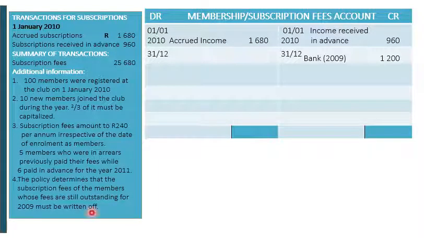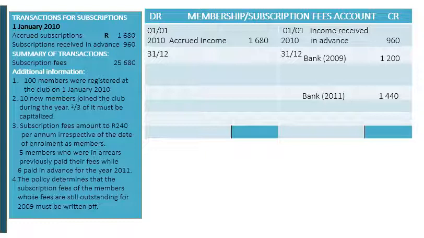Also in line 3, we have 6 members who paid in advance for 2011. Calculate the amount, show it as bank for 2011. On the credit side, 1,440. Immediately this amount must be adjusted from this account because it's income that must not be accounted for in the current period.